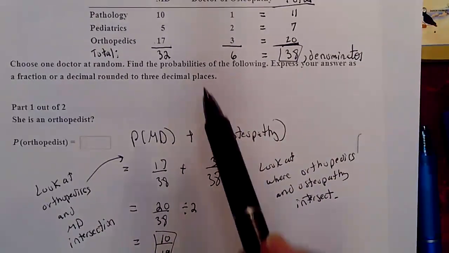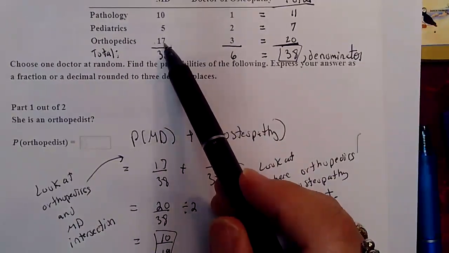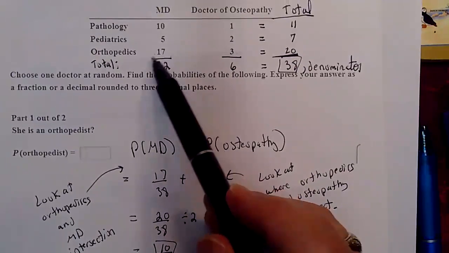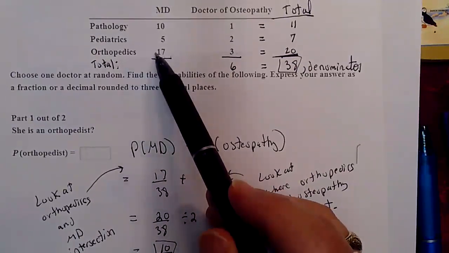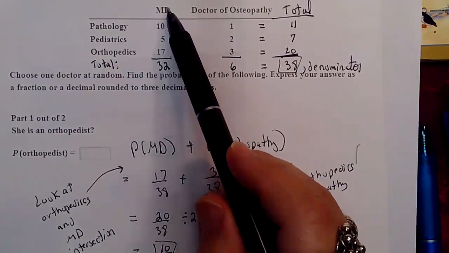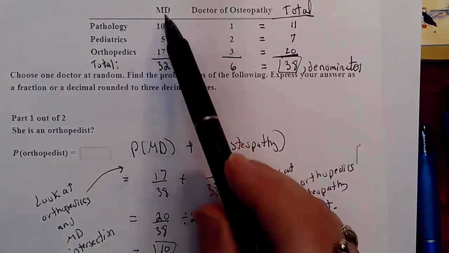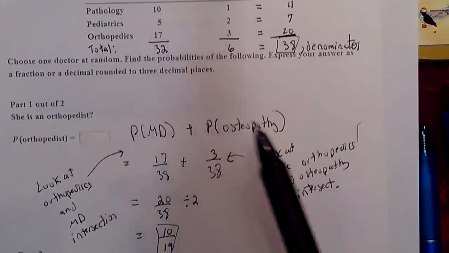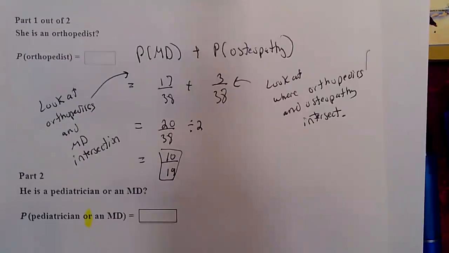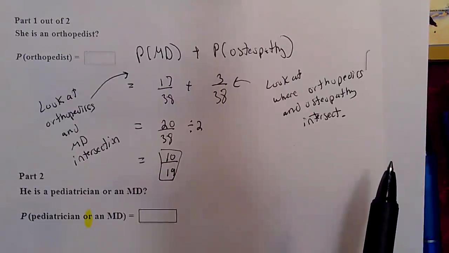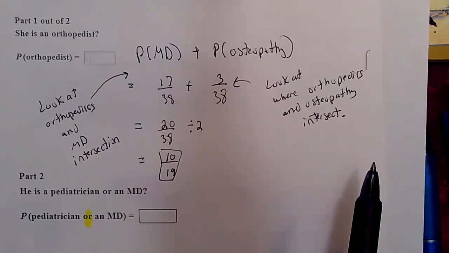So when we got this 17, we looked at the orthopedics and the MD intersection, which was the 17. Okay. And so our total is 10 over 19 for our probability, right?